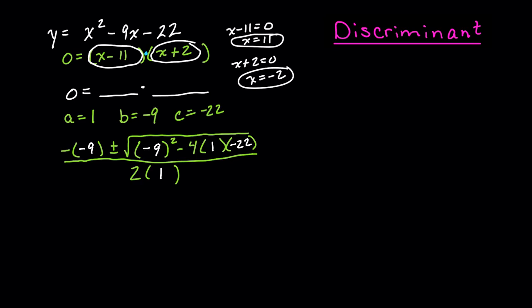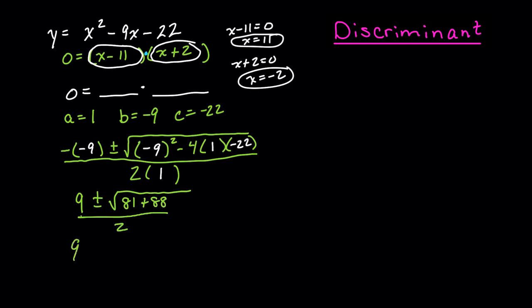So negative 9 becomes a positive 9, plus or minus the square root. Negative 9 squared is 81. And then negative 4 times positive 1 is negative 4, times negative 22 is positive 88, over 2 times 1, which is 2.